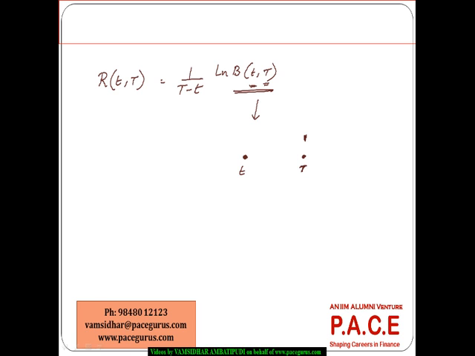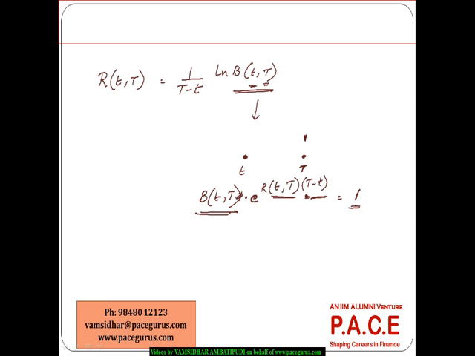If something is invested at time period t, it will fetch a continuously compounded interest rate R(t,T) between t and T. If I am investing 1 dollar today for R(t,T), an annual rate of interest, multiplied by (T minus t), or probably if I am talking about B(t,T), investing for this much period is going to become 1, because this is the price of the bond which is going to pay 1 on maturity.